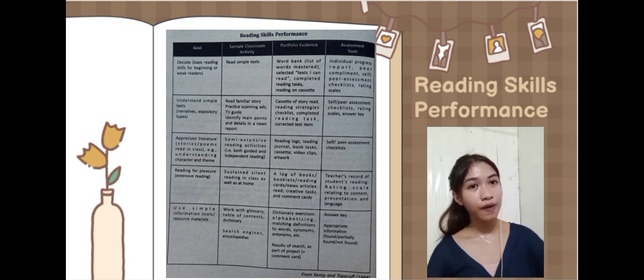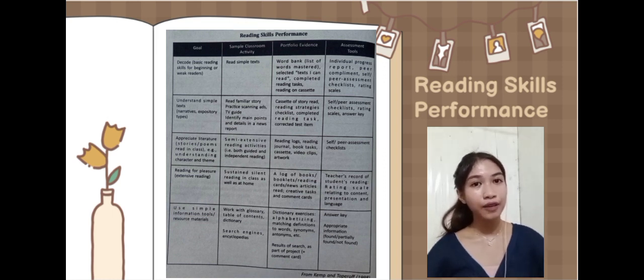For our portfolio evidence, we have cassette of story read, and reading strategies, checklist, and also completed reading tasks and corrected task items. For our assessment tools, we have self or peer assessment checklist, and also rating scales and answer key.